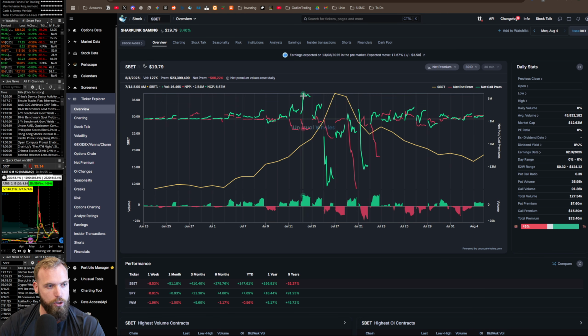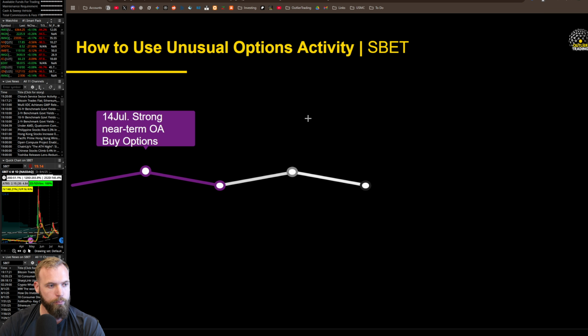So if I show you the total call premium, the net call premiums at this point during the day, it's 6.67 million. For context, before all this was going on, it's like 50,000 to 100,000. The day before, the peak was 3.81 million. So it literally doubled. That, to me, these 2 days in a row draws my attention.